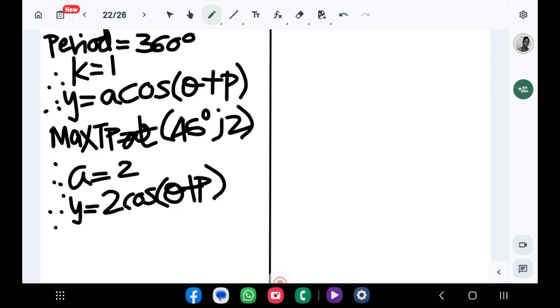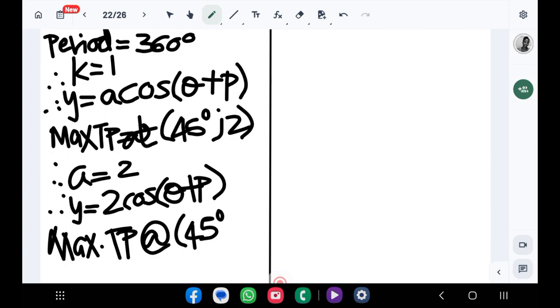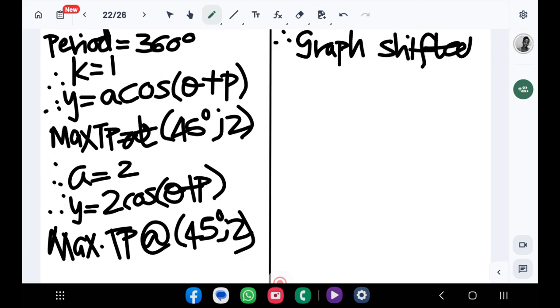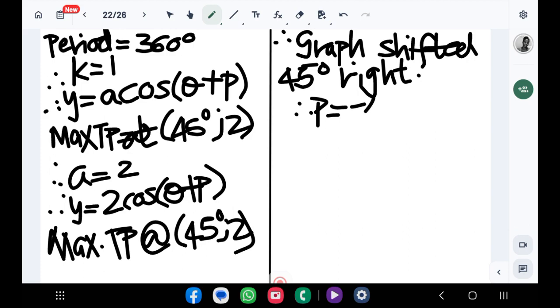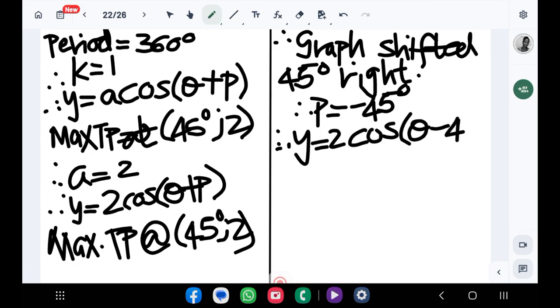Max TP, the maximum turning point at 45 degrees and 2, meaning that therefore the graph shifted 45 degrees right, meaning therefore your P equals negative 45 degrees, meaning that therefore your y equals 2 cos of theta minus 45 degrees.